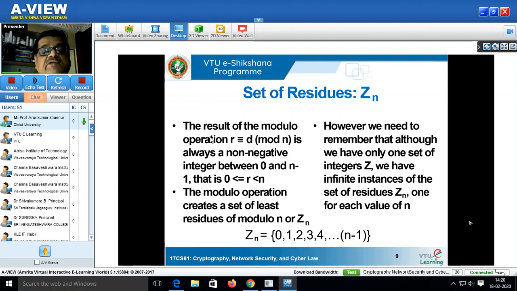R congruent to D mod n is always a non-negative integer between 0 and n minus 1, that is 0 up to n minus 1 are the values R is going to have. R is a remainder. The modulo operation creates a set of least residues of modulo n, or Zn.